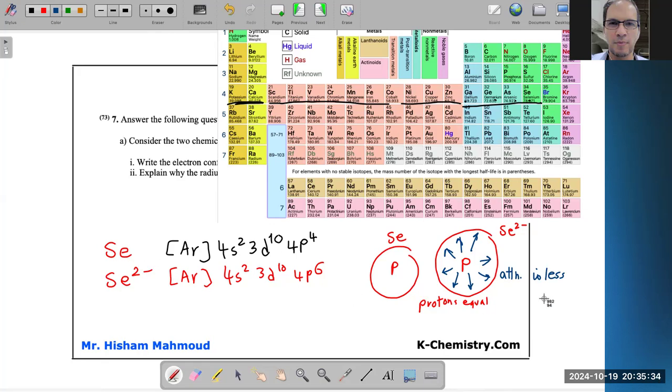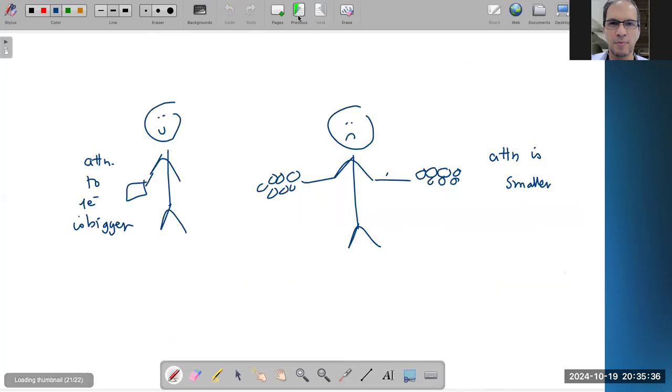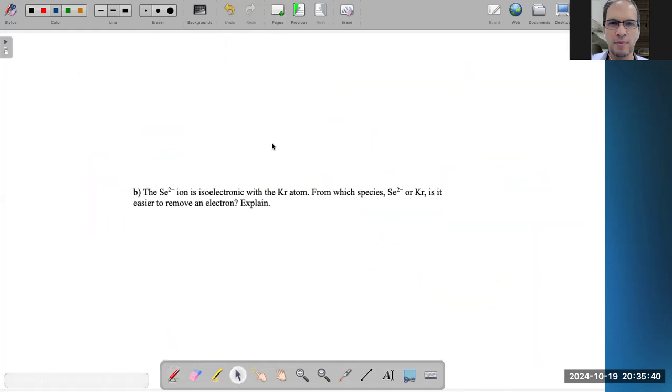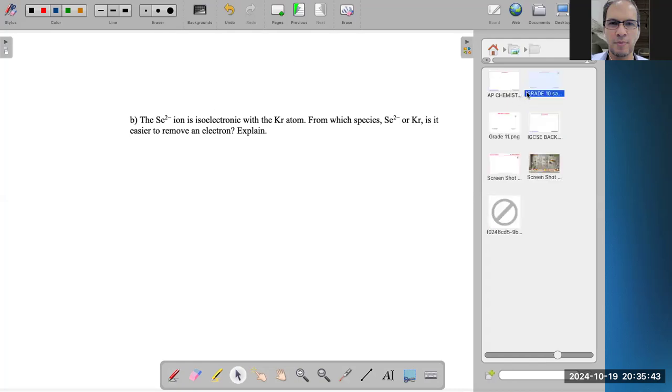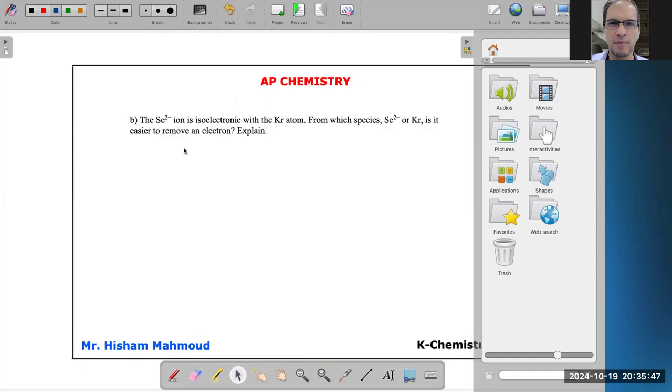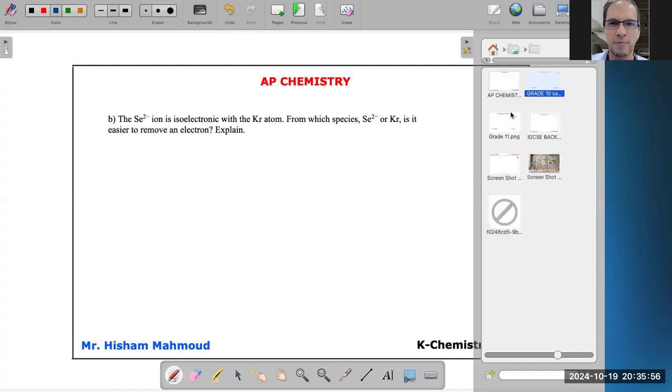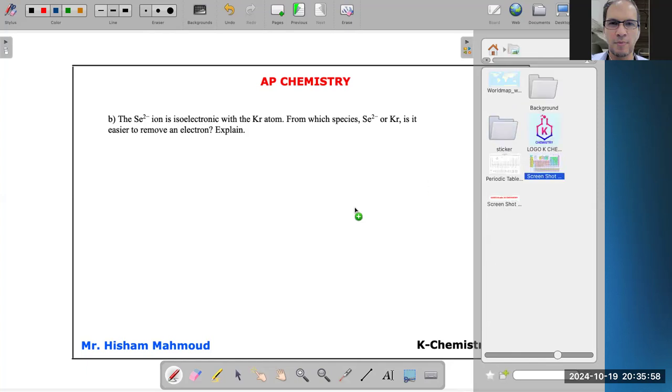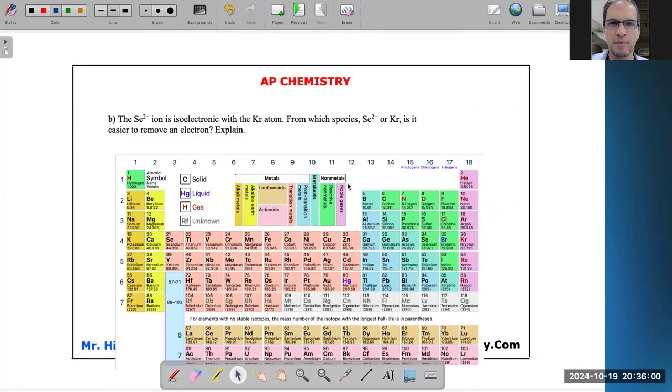Okay, next question, Julian. Se2 minus is isoelectronic with krypton. They both have the same number of electrons, because when you gain 2 electrons, you become like krypton.